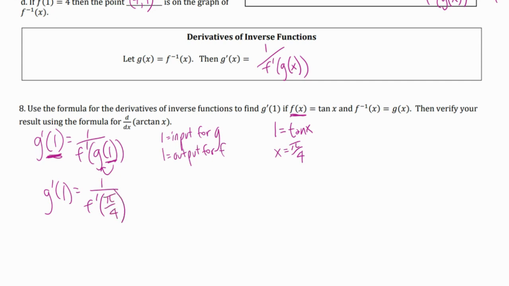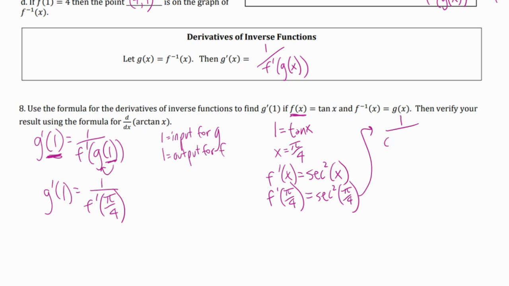So now f is equal to tangent, so f prime is equal to secant squared. So what is f prime of pi over 4? Secant squared of pi over 4. Okay, so secant squared is the same thing as 1 over cosine squared.